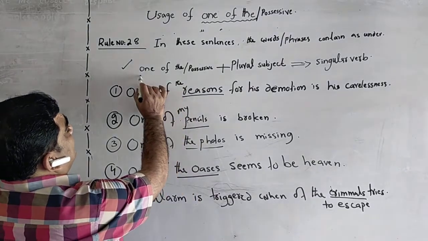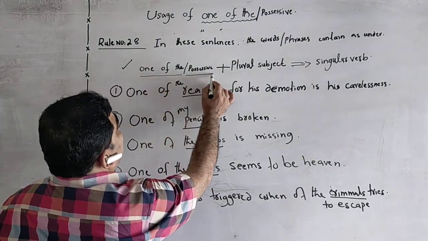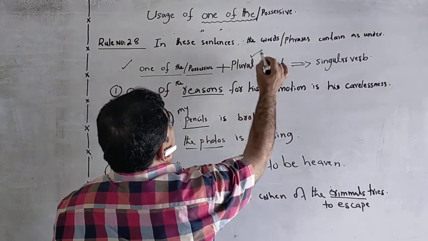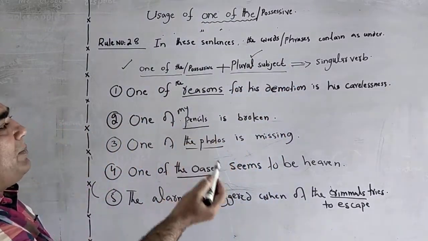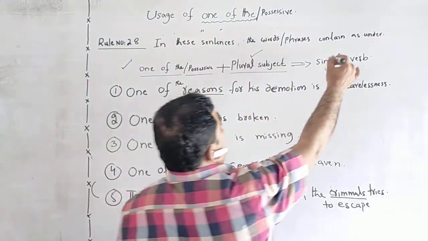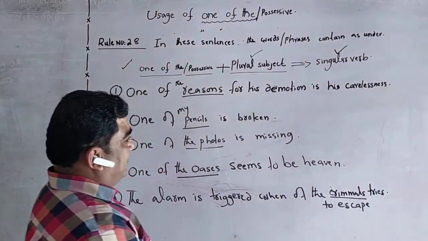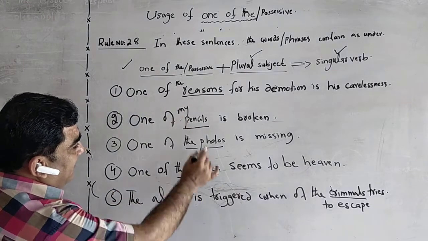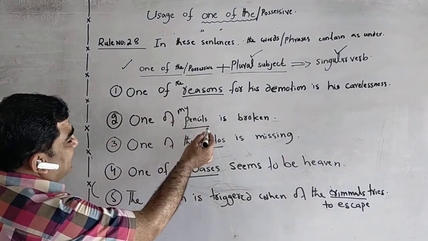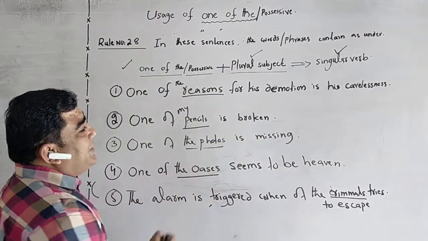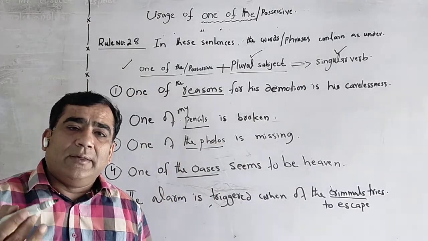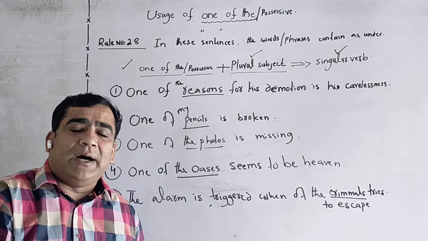So the structure is one of the or a possessive, plus a plural subject, whether it is a noun or pronoun, and we have to put a singular verb there. See, where I have written pencils, photos, horses or criminals, after that you will find only a singular present verb.